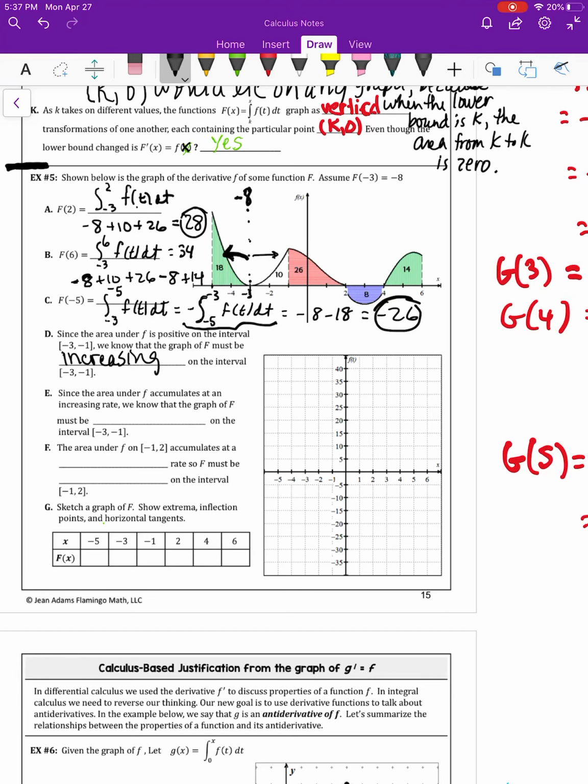So we know that it is increasing on that interval. And then part E, since the area under f accumulates at an increasing rate, we know that the graph of F must be, for an increasing rate, you're talking about concavity. So it should be concave up.